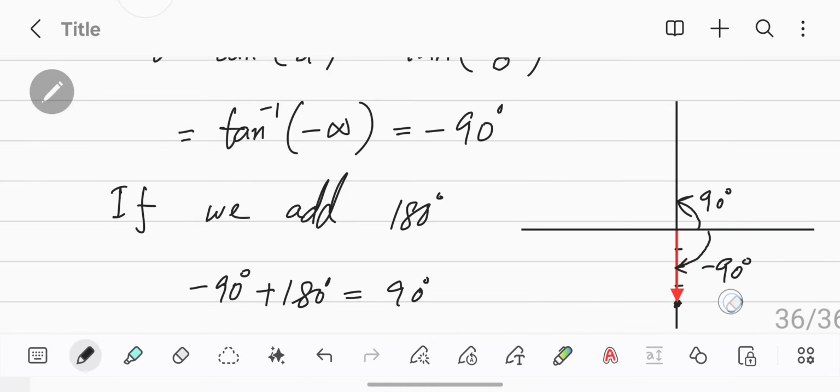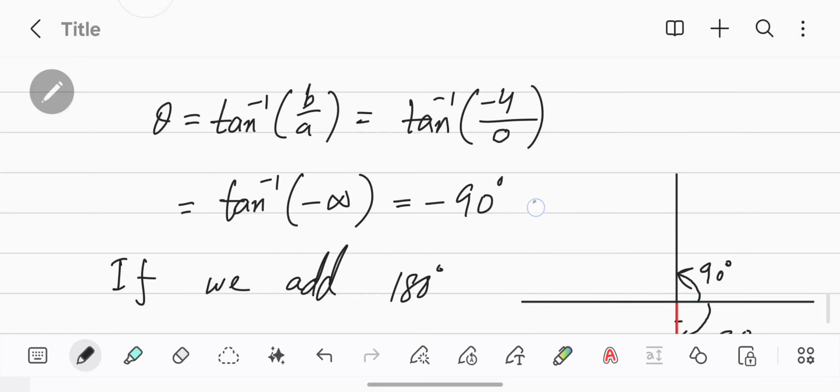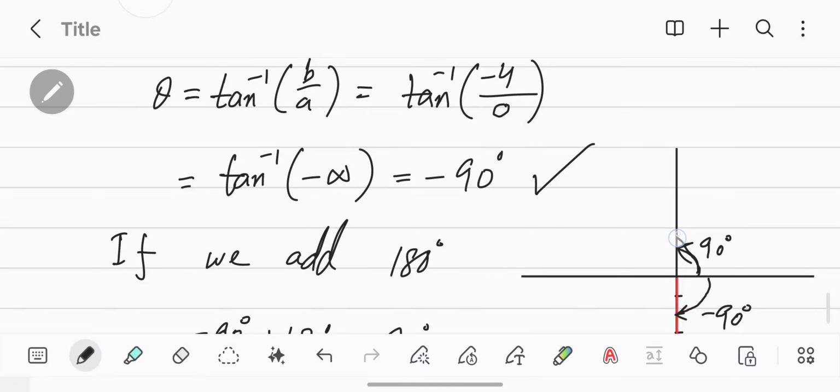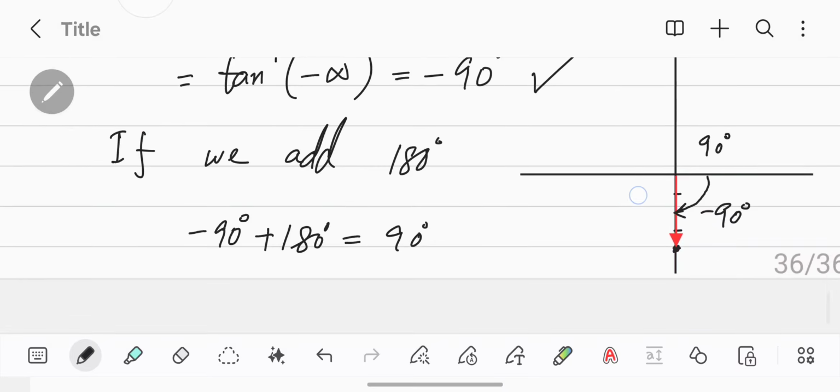So that means this angle is correct. This other angle is not working, because if I go from the x-axis and cover this angle, I cannot get this point, because I'll be going here and this line is going up.